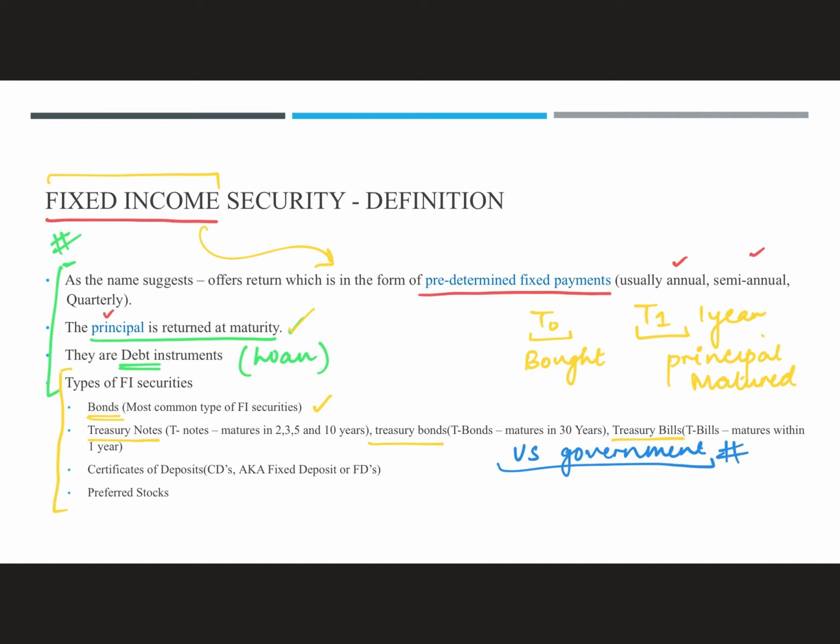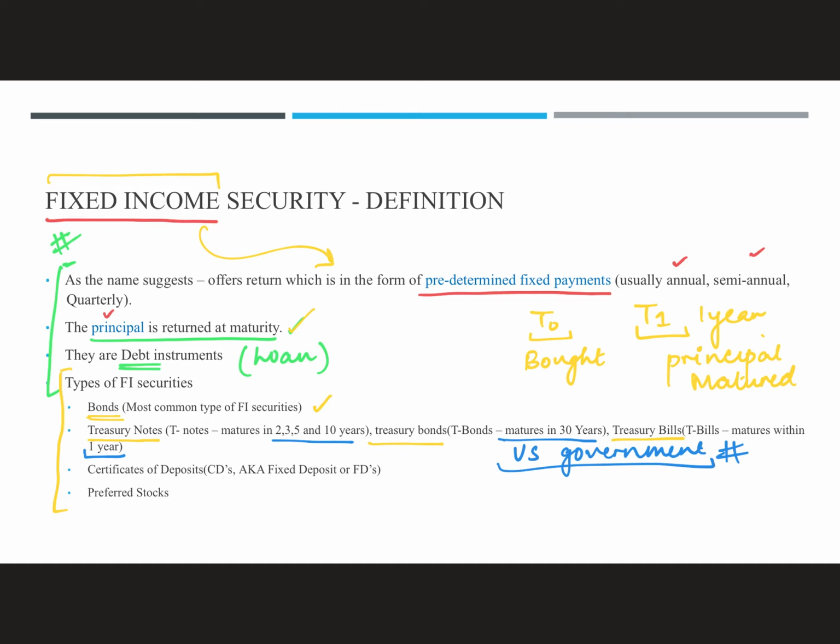The difference between the treasury notes, treasury bonds, and treasury bills is the maturity. T-notes mature in 2, 3, 5, and 10 years. Treasury bonds mature in 30 years, and treasury bills mature in less than 1 year. So based on maturity, the U.S. government differentiates between the names of these bonds issued by them.